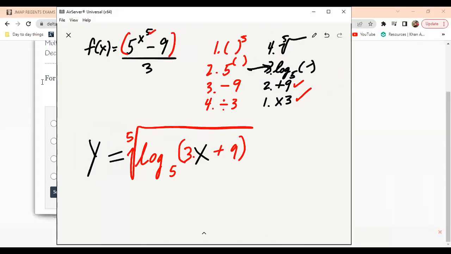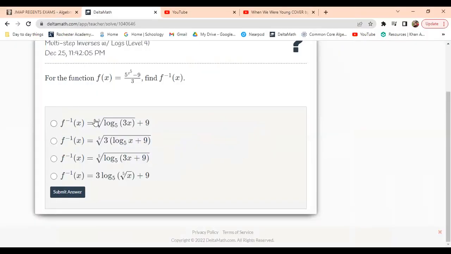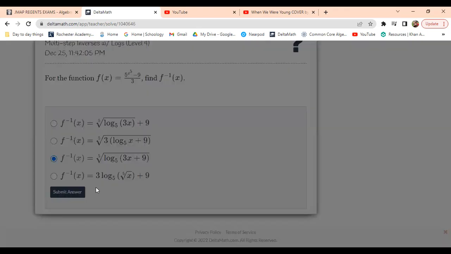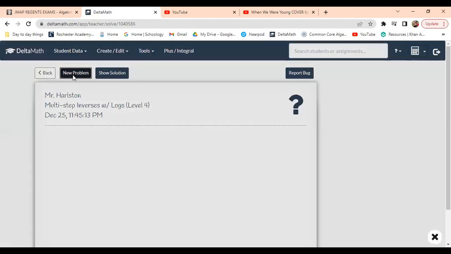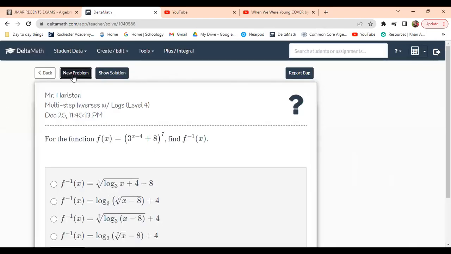So if we go back and we look over here, we got the 5th root of the log. So it would be the 5th root right here. It would be the third one. The 5th root of the log base of 5 of 3x plus 9. Let's submit it, see what we got. It says very good. All right, I'm going to do one more, and then I'm going to stop this.